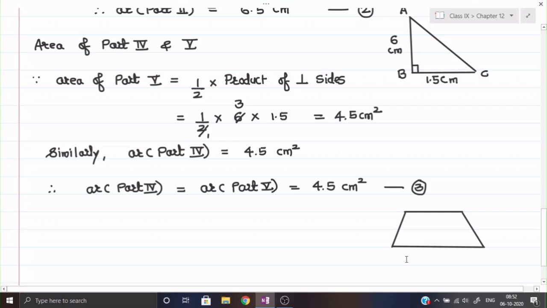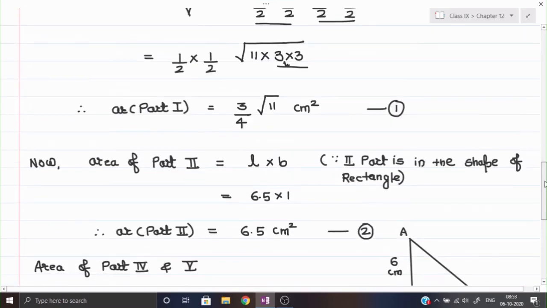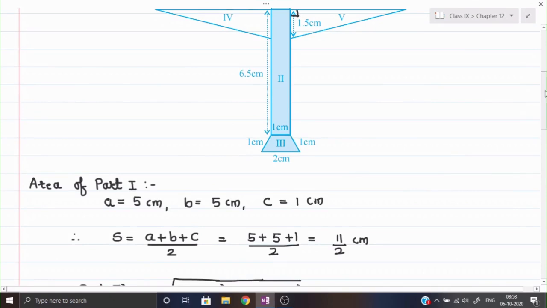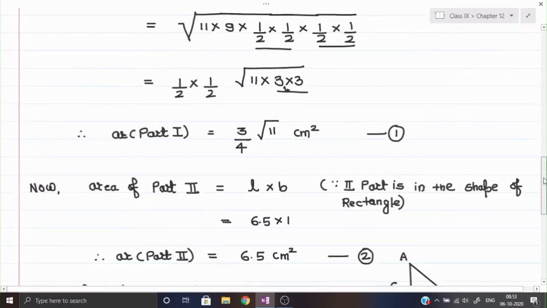Now in this trapezium, basically what are the given sides? First of all, we shall mark the sides over here. So see, observe the trapezium, you can observe the base is given 2 centimeter, rest of all sides are given as 1 centimeter each. So here first we shall mention all the sides.